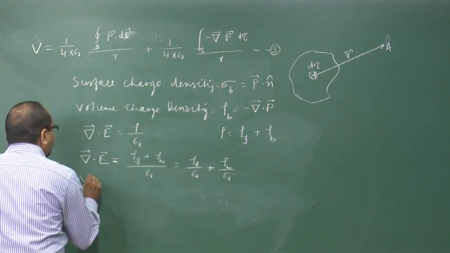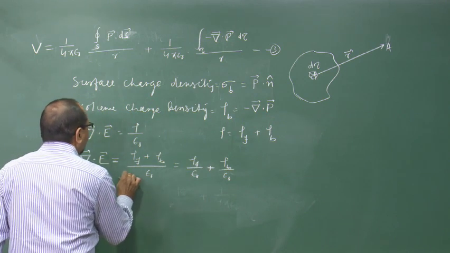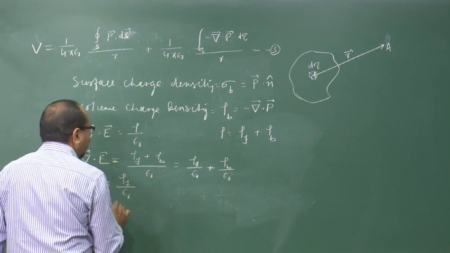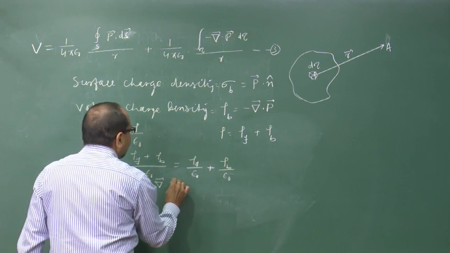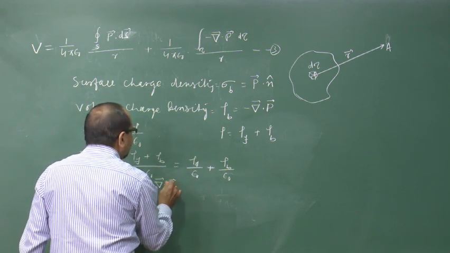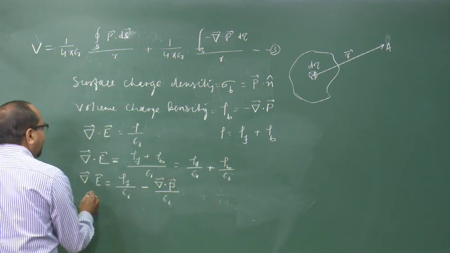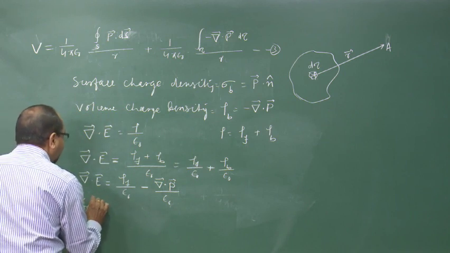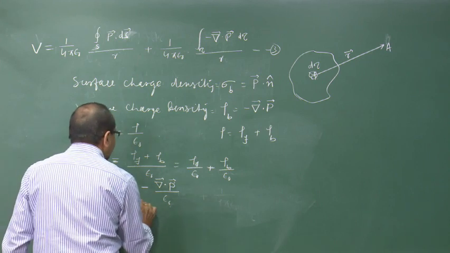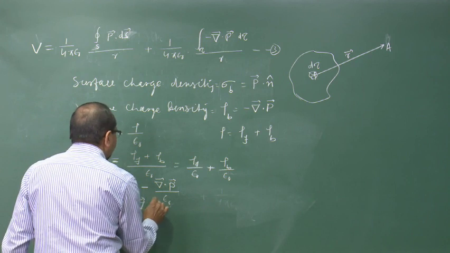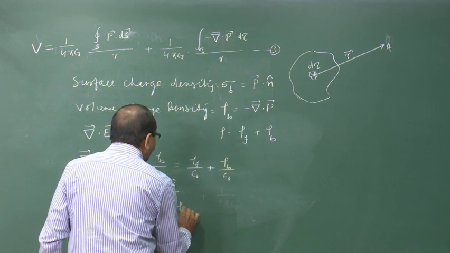So, our divergence of E becomes rho f by epsilon naught plus minus divergence of P by epsilon naught, or multiplying epsilon naught to this side, we get epsilon naught into divergence of E plus divergence of P is equal to rho f.